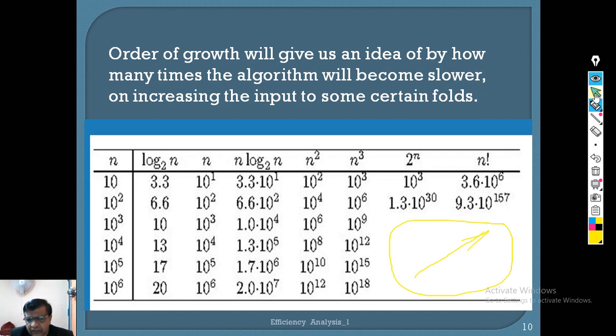Order of growth is an indirect metric of the running time of an algorithm. We also concluded that the more the order of growth an algorithm suffers from, the slower it will be when compared to another algorithm written to solve the same problem with a lower order of growth.